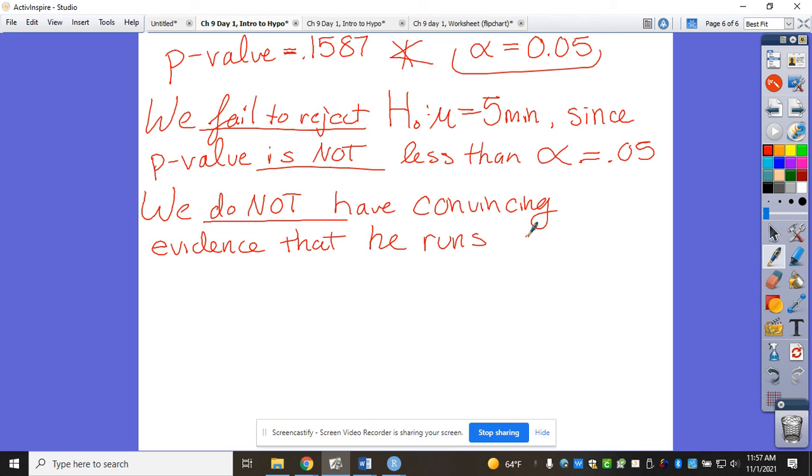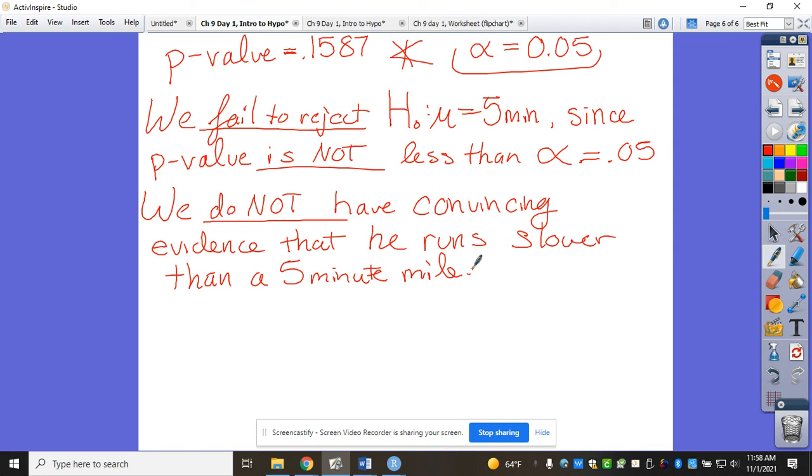What does greater than 5 minutes mean in the context of running? So you should at least be able to get an idea of the full picture of what it is that we're doing.